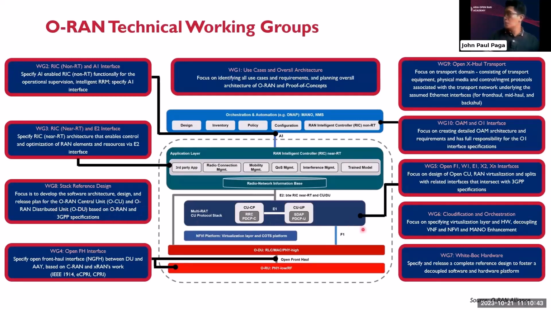Working group nine focuses on the open xhaul transport, consisting of transport equipment, physical media, and the protocols. Working group ten focuses on operations and maintenance of the architecture and the O1 interface specifications. Not shown here is working group eleven, which focuses on security.